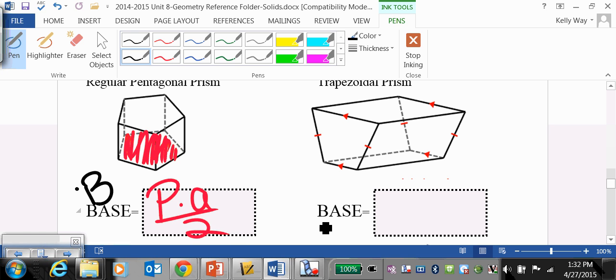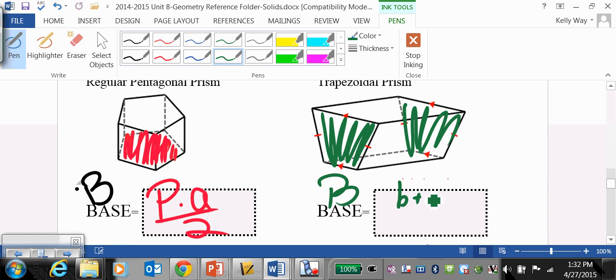If the base is a regular polygon, it's perimeter times apothem over 2. If my base is a trapezoid, it is lowercase b plus lowercase b times the height of the trapezoid.